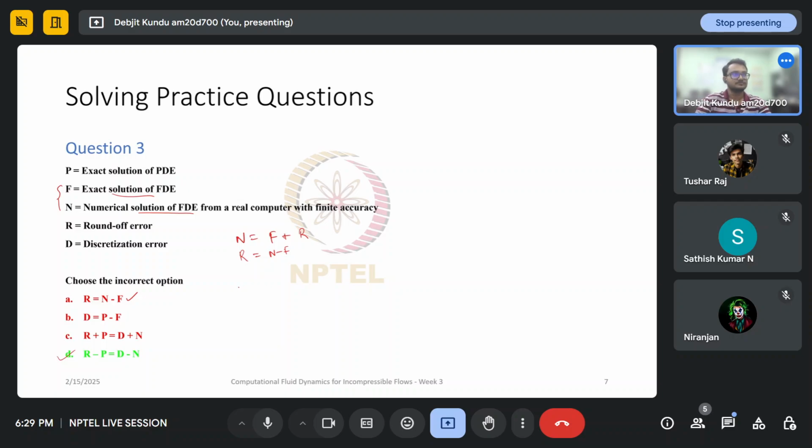Now, the discretization error is defined as the difference between P and F, so between the exact solution of PDE and exact solution of FDE.